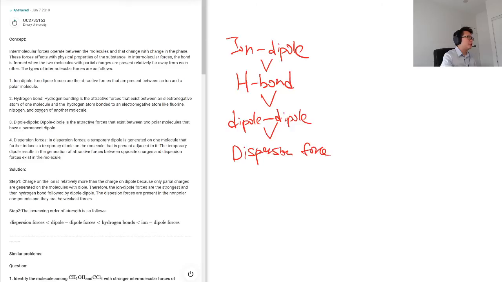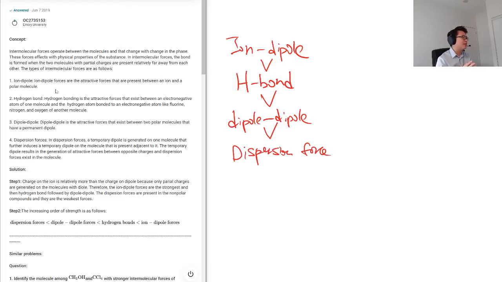First of all, we have to look at each individual attraction. Ion-dipole attraction is the attraction force between an ion and a dipole, for example, sodium ion and water. Second, hydrogen bonding is the attraction between a molecule containing a hydrogen atom bonded to something highly electronegative, and then this hydrogen atom interacts with another atom or molecule that is rich in electrons.